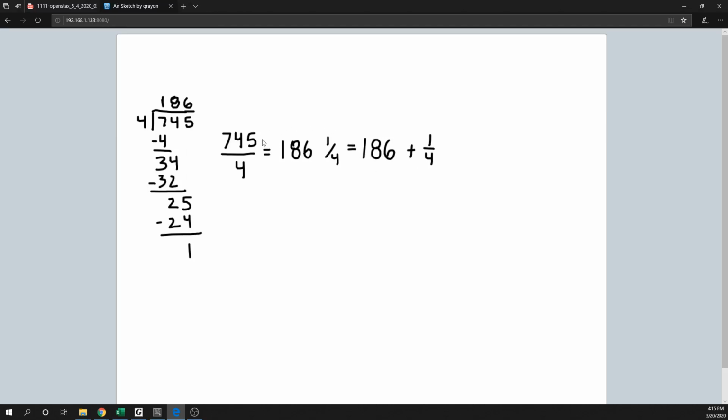This mixed number notation is really just a short way of writing this number right here. Over time, people just stopped writing the plus because, if you're only talking about mixed numbers, then this is perfectly fine, and it's shorter. So people just started writing this in everyday usage.